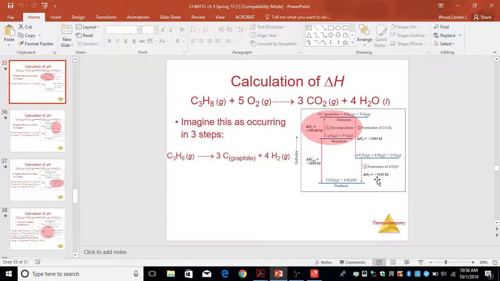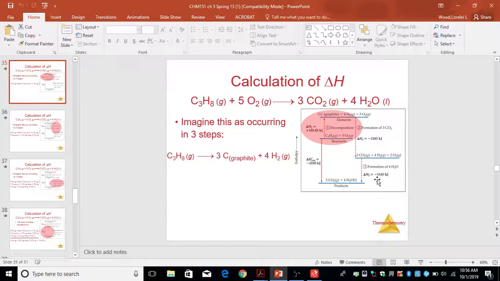C3H8 as a gas plus 5O2 as a gas yields, and you can see on the product side there, 5O2, it goes up in energy, 3C graphite, so you write 3C graphite, plus, on the product side now we're writing 4H2 gas, plus my last product is my 5O2 gas.